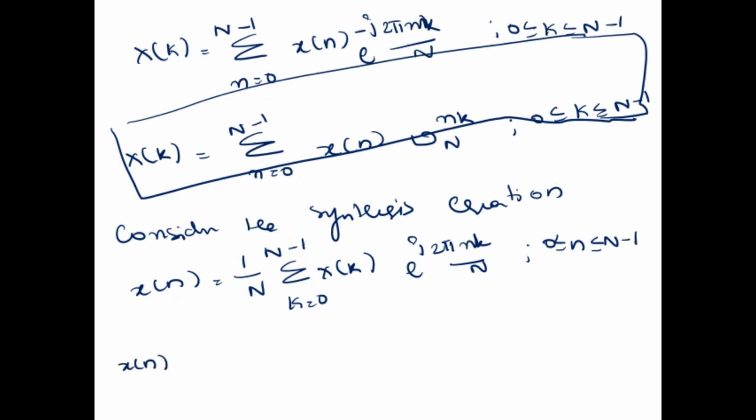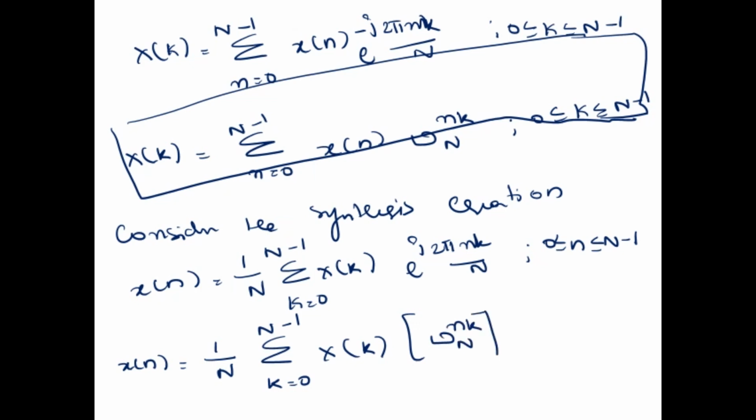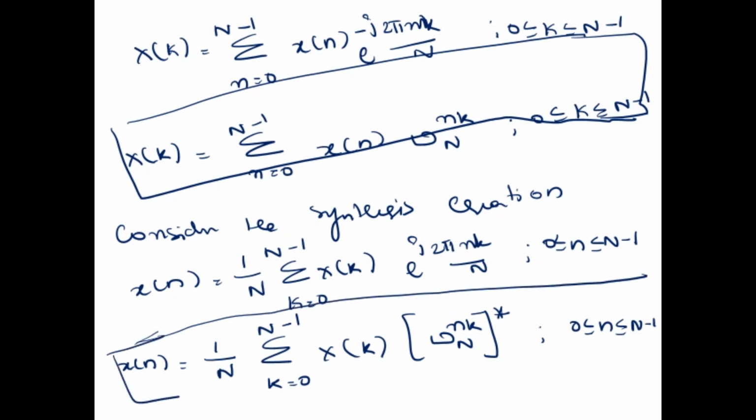Then x of n is equal to 1 by N summation k is equal to 0 to N minus 1 X of k into W_N of nk star, where n varies between 0 to N minus 1. So one more equation we have using the twiddle factor.